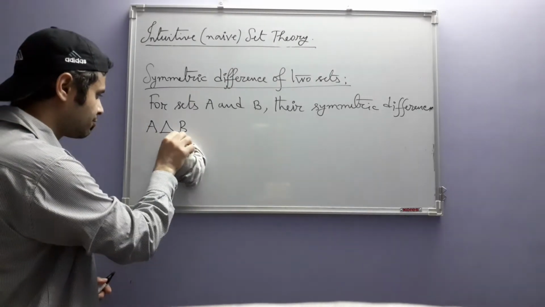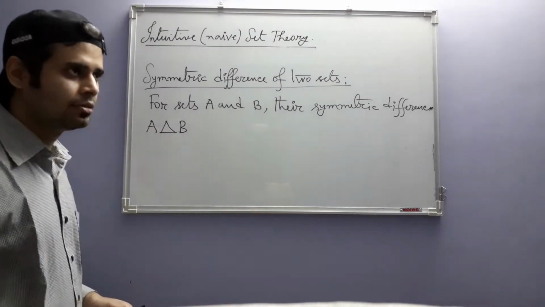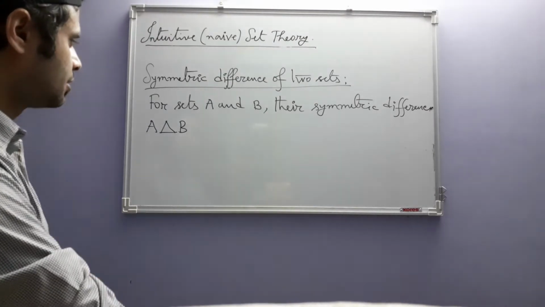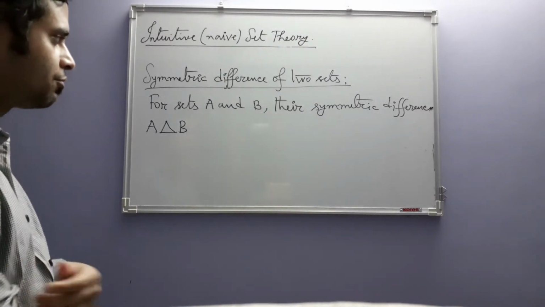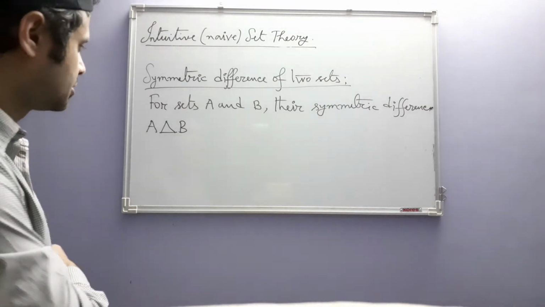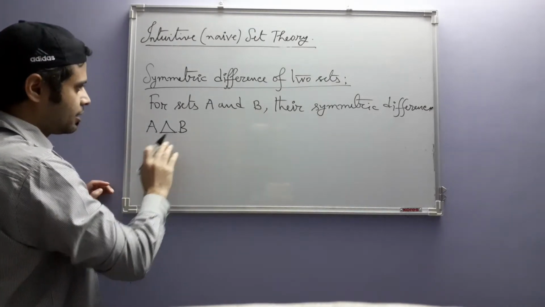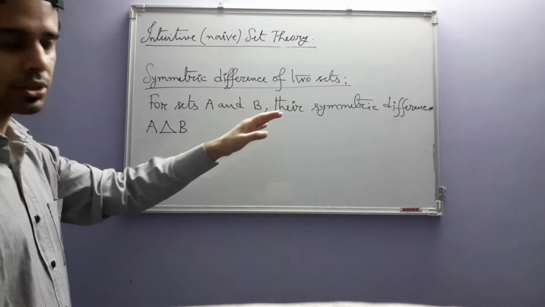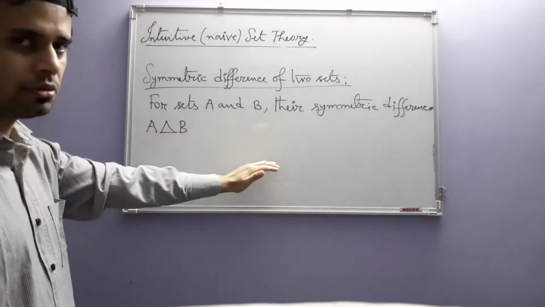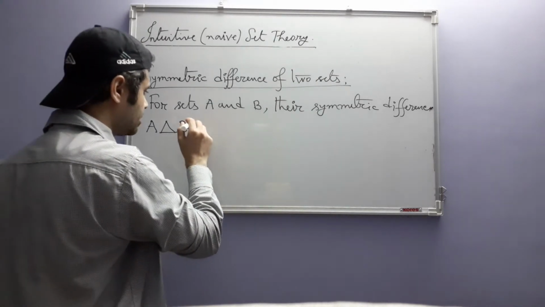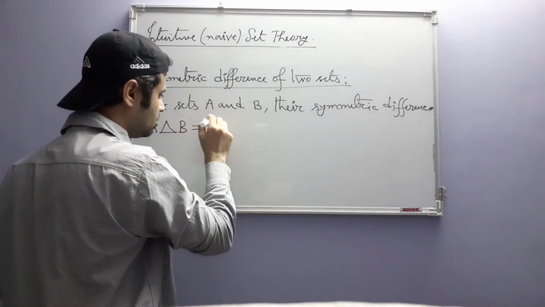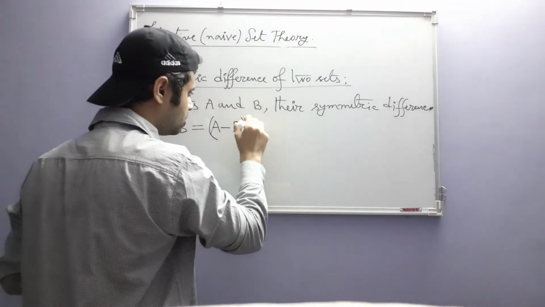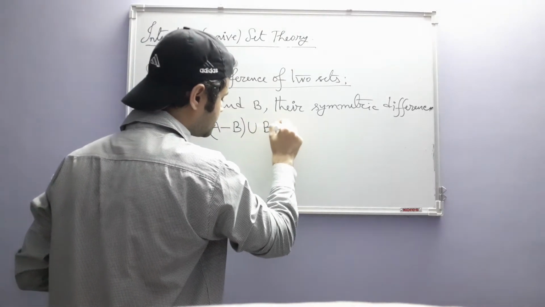Since Greeks have investigated many parts of mathematics as well as sciences, so to honor them, we frequently use Greek alphabets. So A delta B, now this is again a set, just like the other operations. This operation will also give you a set, and that set is this: A minus B union B minus A.